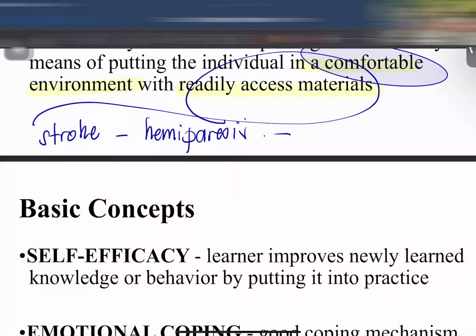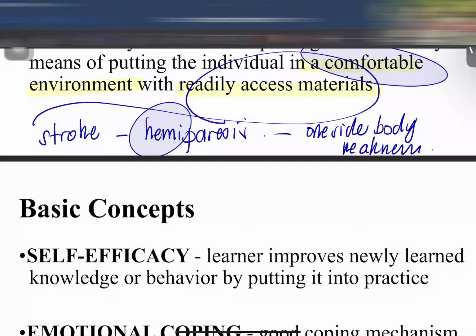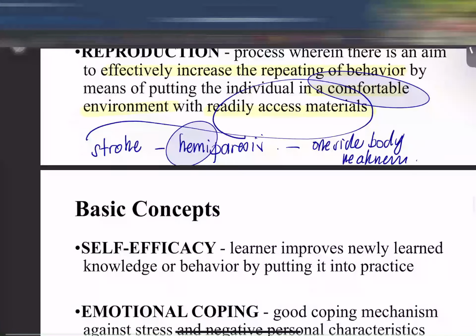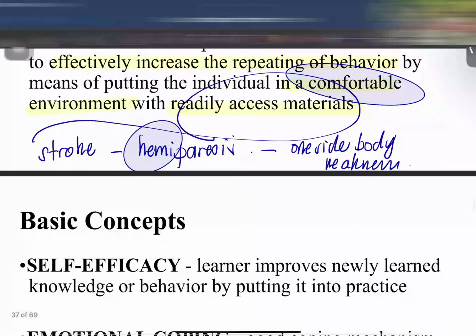Class, in hemiparesis, as the term implies hemi, ibig sabihin class one side of the body, one side of the body would have weakness, okay? Now class, when we talk about that body weakness in your hemiparesis, ano po yung nangyayari kay patient? So usually class, we are scheduling our patient for rehabilitation.